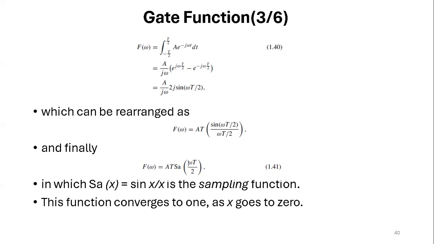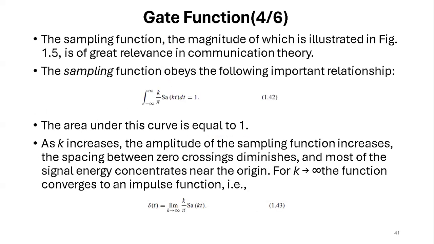These functions converge toward Sx close to 0. This sampling function, the magnitude of which is significant, is of great importance in communication. This sampling function has the following relationship: the integral from minus infinity to infinity of k by s k dt is equal to 1.